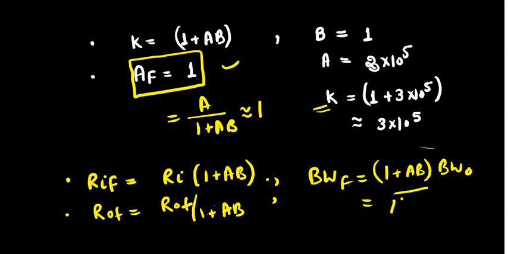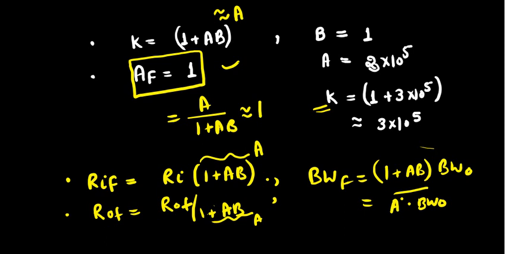Good. 1 plus AB is almost equal to A, right? So this is the main finding of this, that 1 plus AB is almost equal to A. So that is why it is called a special case, right? Because we are assuming B equal to 1.